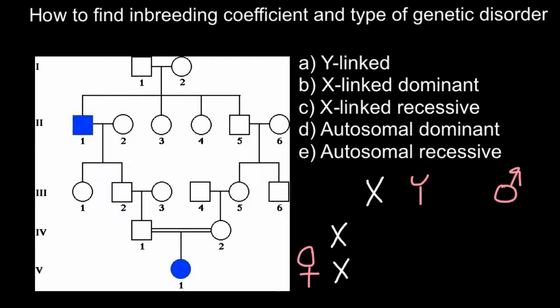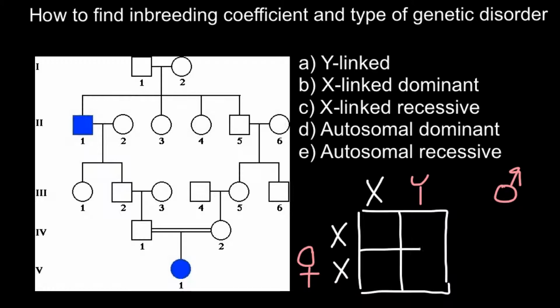And when we build a Punnett square, we can predict what the genotypes of the progeny can be. Here we would have two normal X chromosomes, one inherited from the mother side, another from the father side, and this is going to be female, of course. And here we would also have two normal X chromosomes.